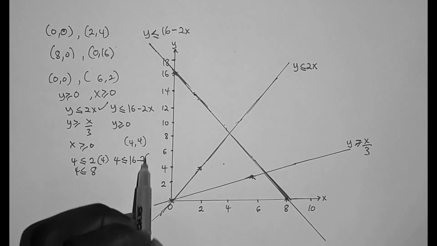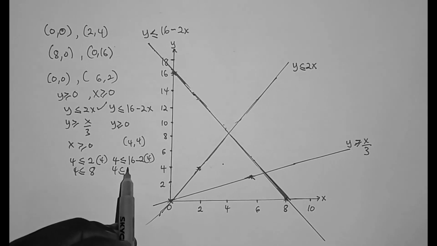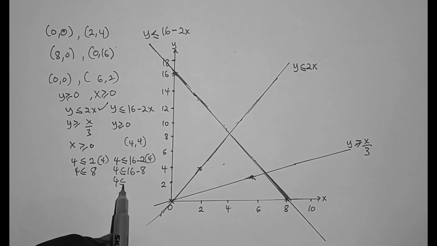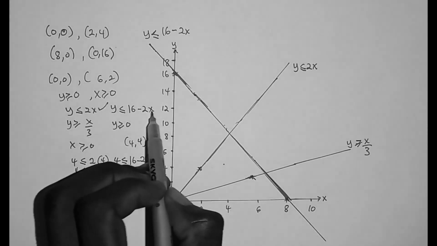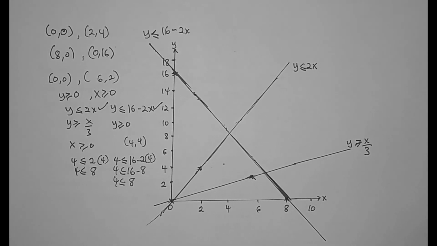And 2x is 2 times 4. So 4 is less than or equal to 16 minus 8, which is 8. That is true. So that coordinate also satisfies this constraint.